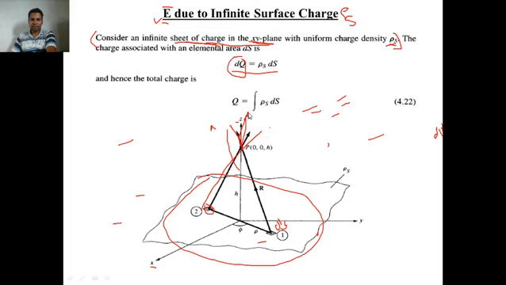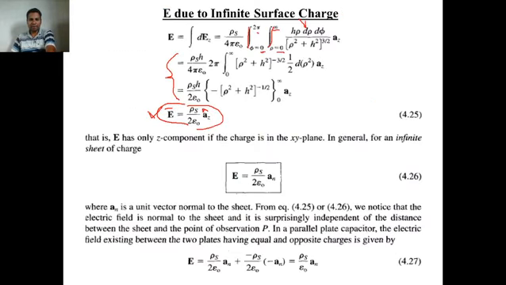But suppose your surface charge is not placed in the xy plane, it is placed somewhere else, then E bar will be in another direction. So that is why for this assumption we got az cap. But for the general case, if the infinite surface charge is not placed in the xy plane, then the magnitude of E bar will be the same in this formula, only the direction is changed.